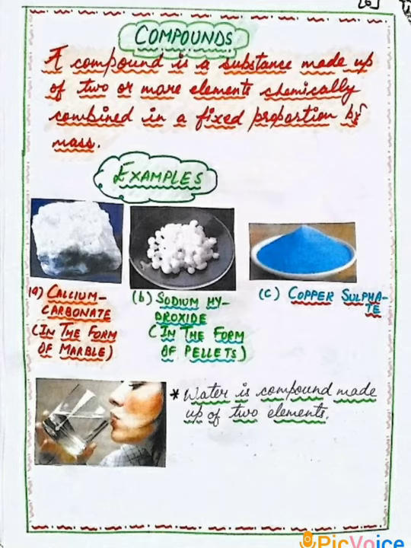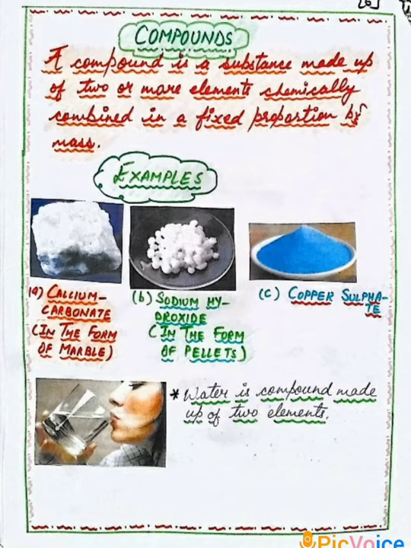Similarly, common salt, that is sodium chloride, with the chemical formula NaCl, is a compound made up of two elements, sodium and chlorine. Another example, marble, or we can say calcium carbonate, CaCO3, is a compound made up of calcium, carbon and oxygen elements.